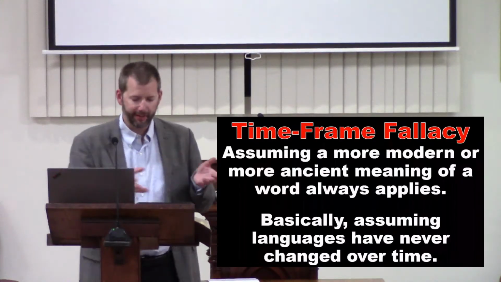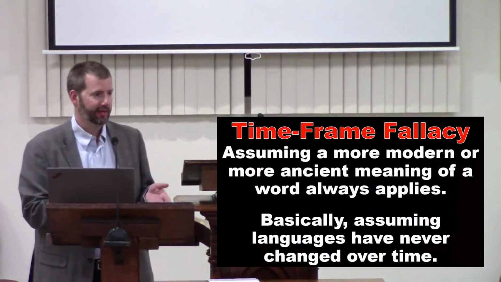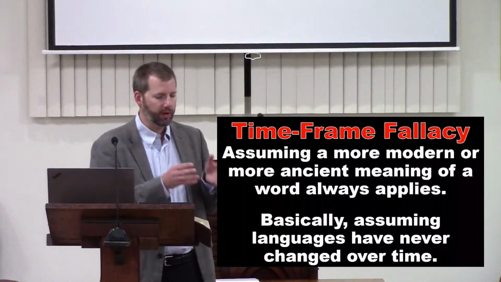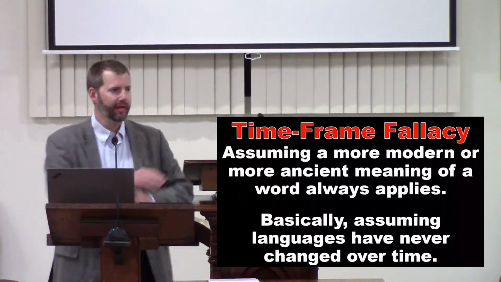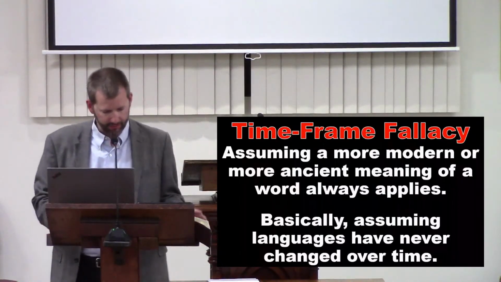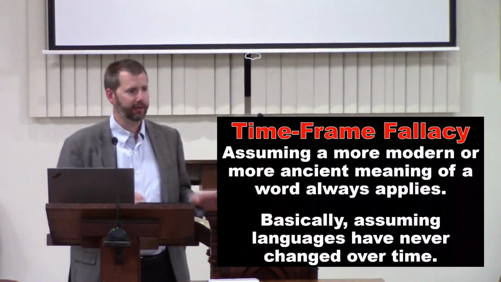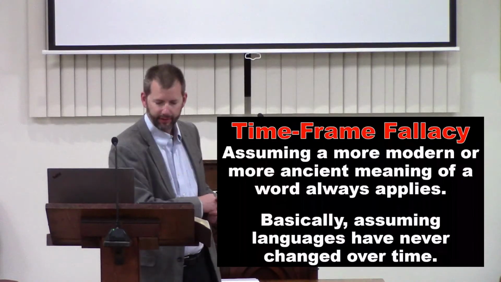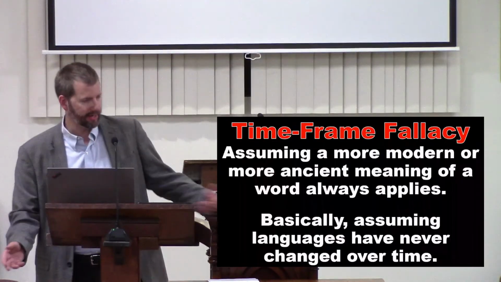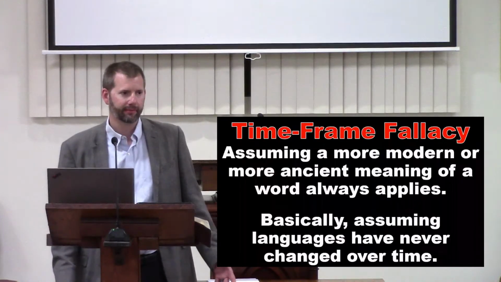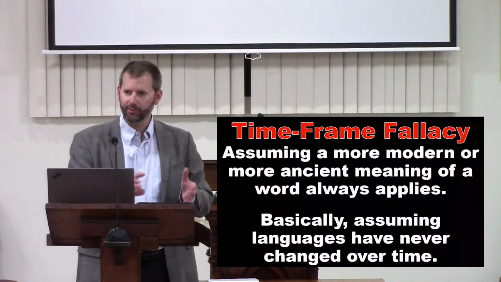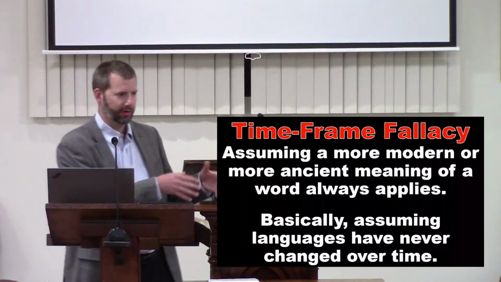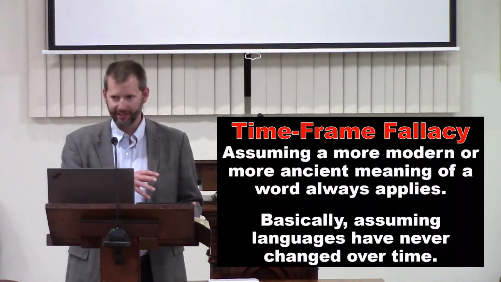Like when we talk about music in Ephesians and Colossians. And they'll say, oh, at one time, this particular word exclusively meant using a mechanical instrument. And so then they say, well, therefore, this is saying it's okay to use, in fact, it's commanding to use a mechanical instrument. But at the time that the Bible was written, the language had changed such that that word meant something slightly different.